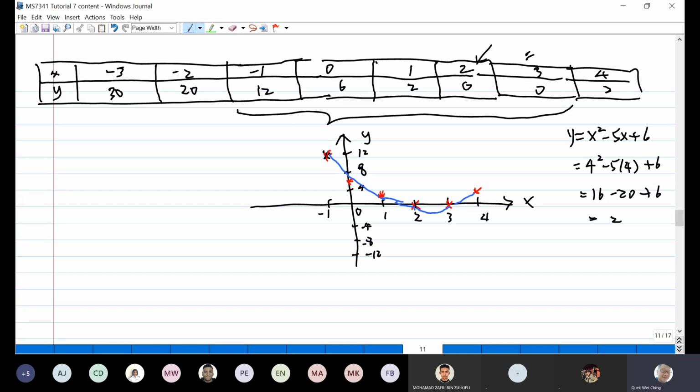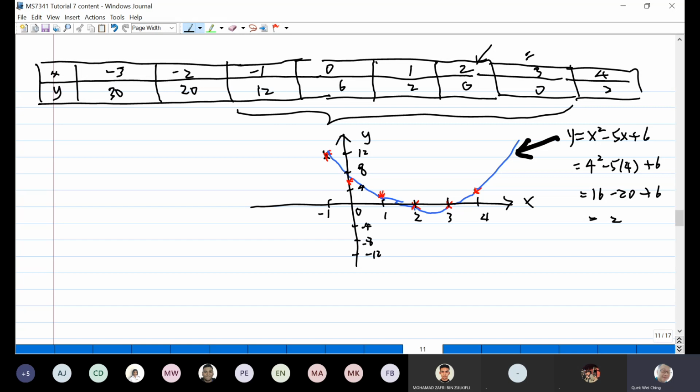So you continue the pattern. This is the graph, something like this. This is y equal to x squared minus 5x plus 6, looks like this.